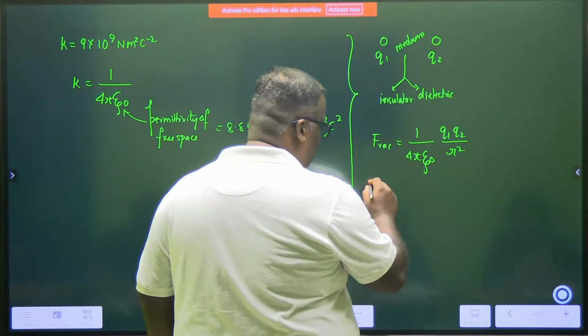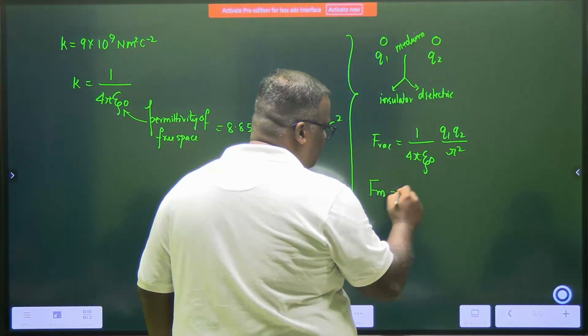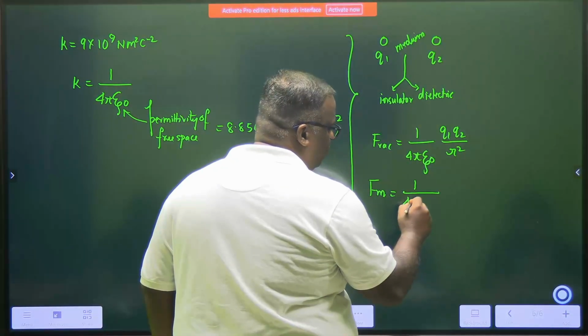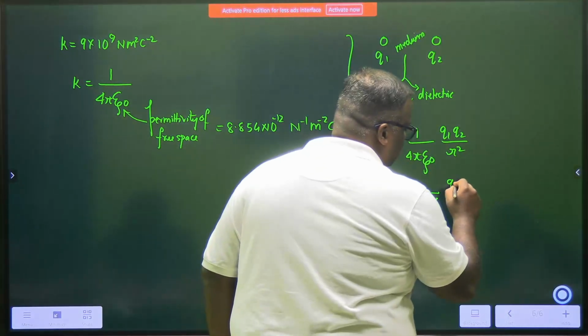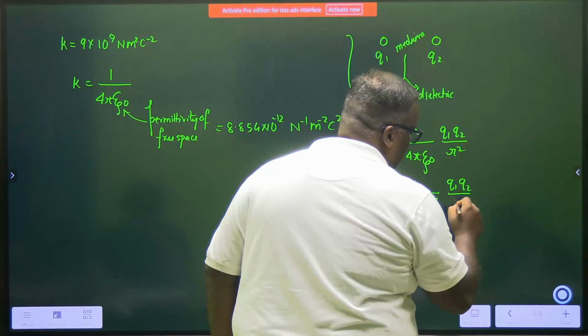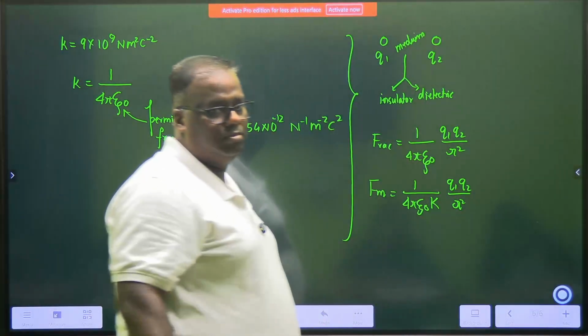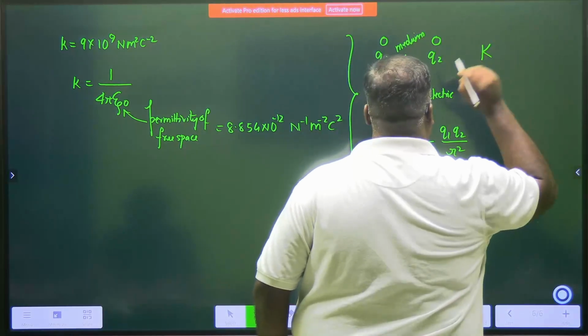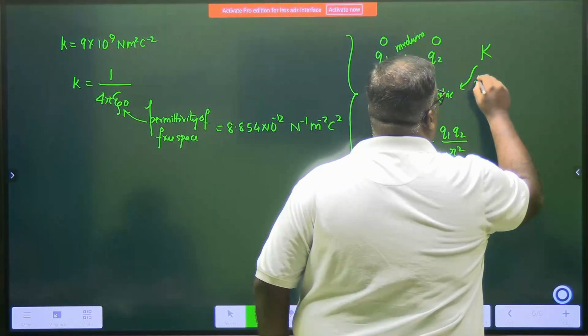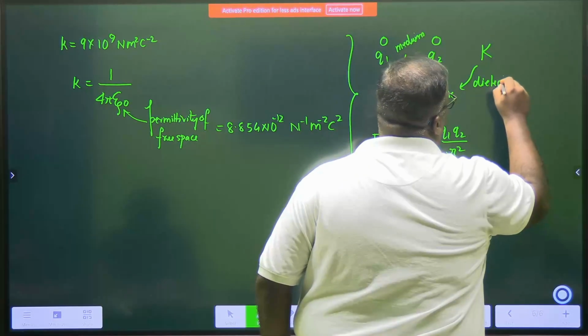And if you are putting it in a medium, then F medium will be given by 1 by 4 pi epsilon naught K Q1 Q2 upon R square. Got it? This capital K is called the dielectric constant.